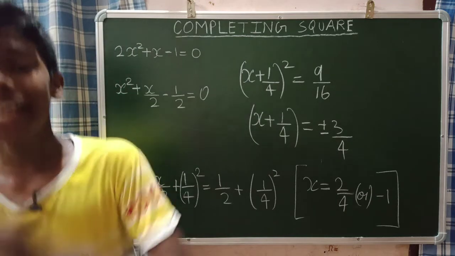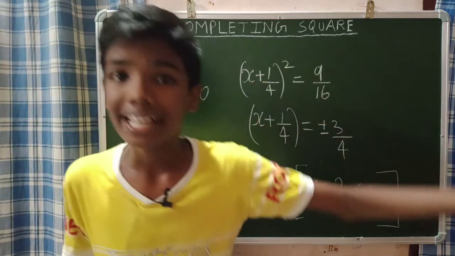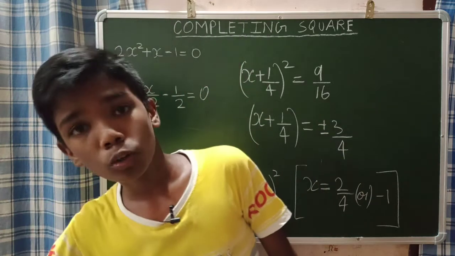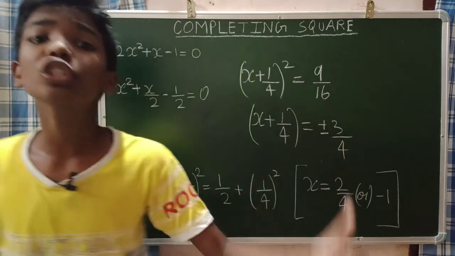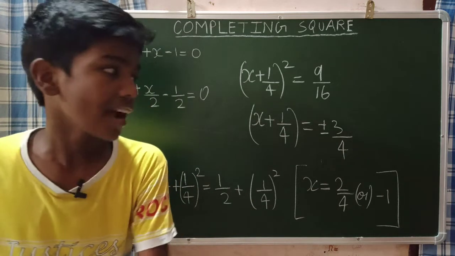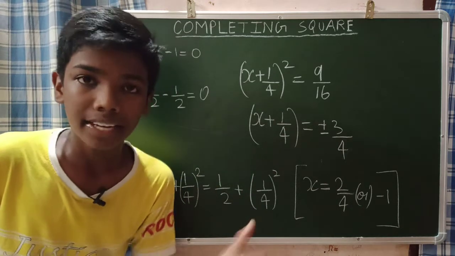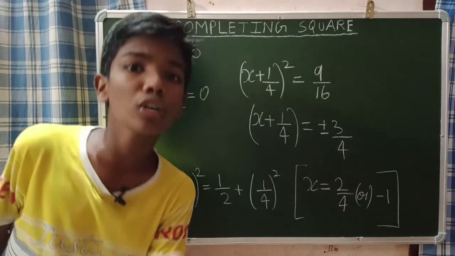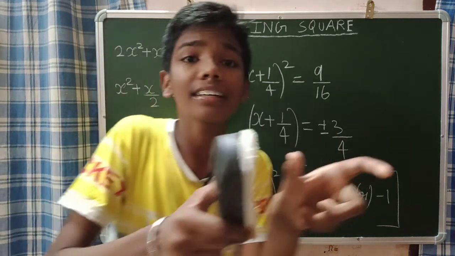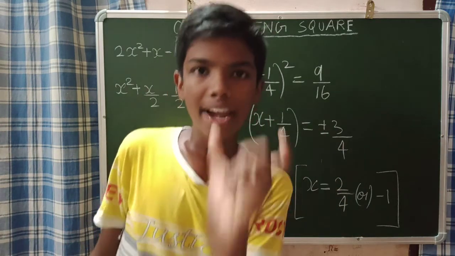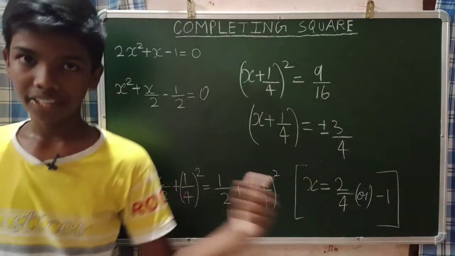After that, take the constant term to the right hand side. Transpose it to the right hand side. After doing those things, find the coefficient of x, that is nothing but the value of b, and find half of the coefficient of x, square that value and add it to both sides of the equation.